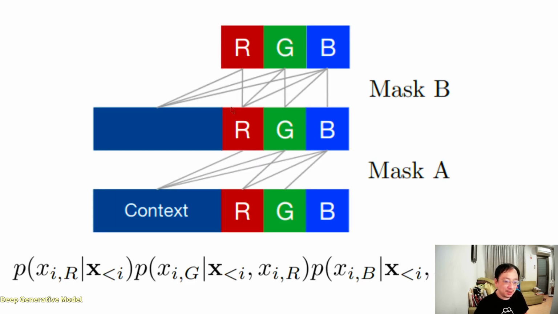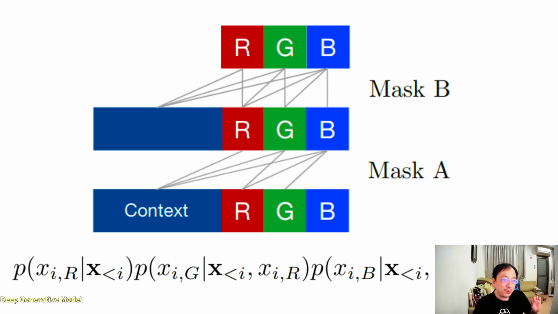Another thing to be considered is that we are not usually dealing with images with a single color. We are usually dealing with images with RGB, so 3 channels. So instead of considering each pixel as an item, we consider each channel of a pixel as an item.